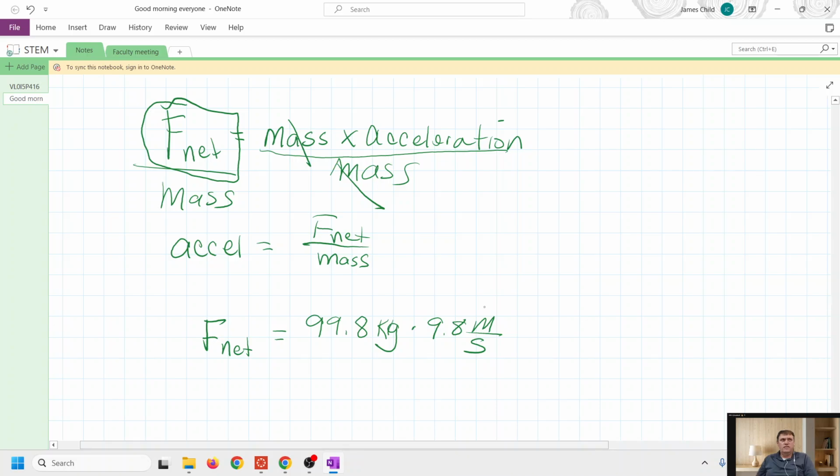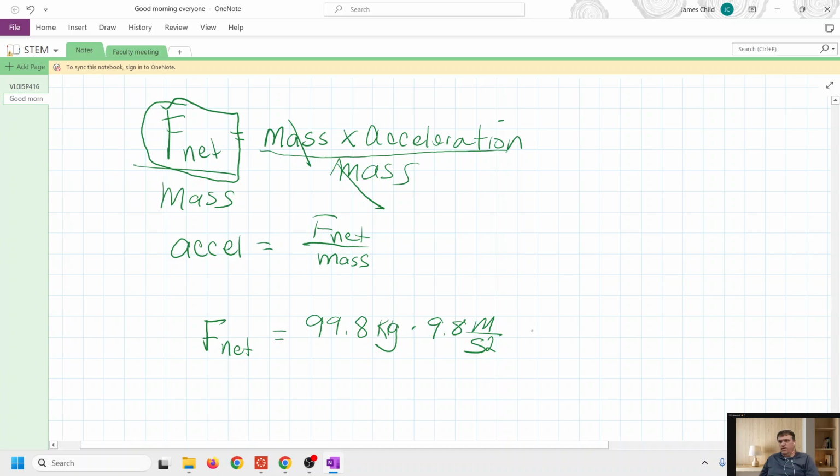Is that right? Yes, it is. Meters per second squared. Okay. So let's go ahead and do the math here. On my calculator, 99.8 kilograms times 9.8 meters per second squared.